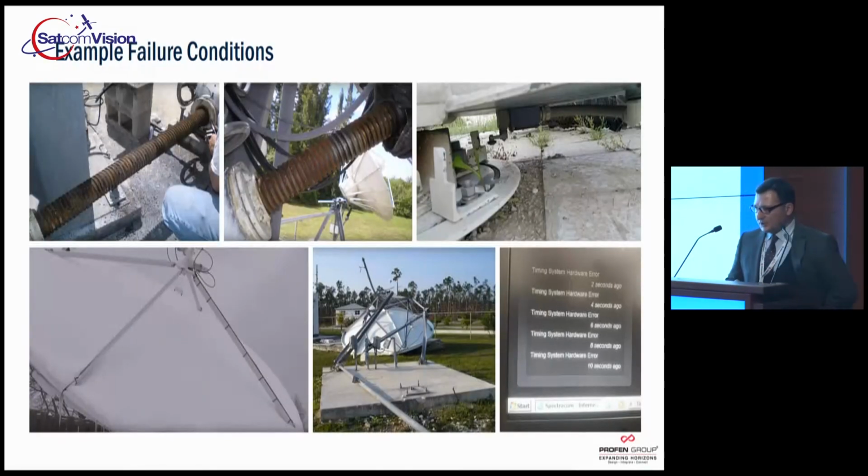These are other examples of failure conditions that we cannot catch, and then the system stops functioning, and when we go to the field, we observe that there are these kinds of problems.